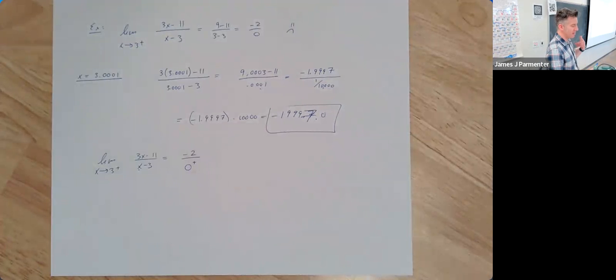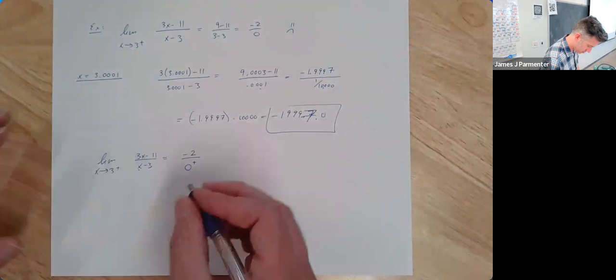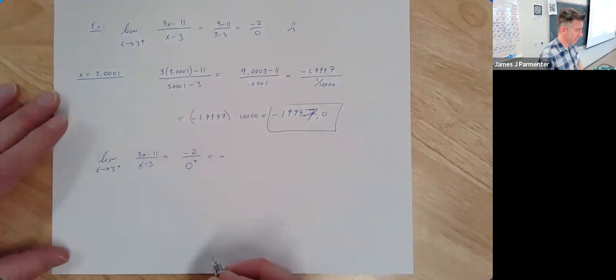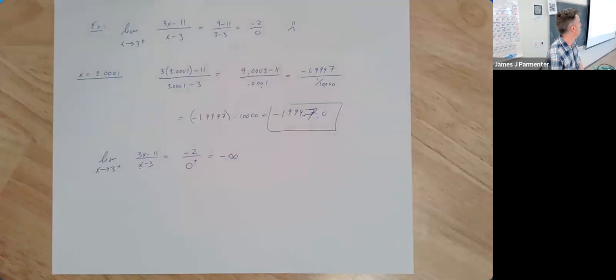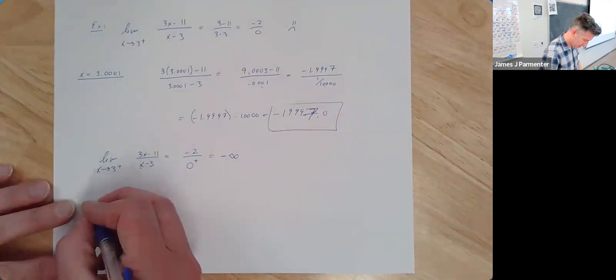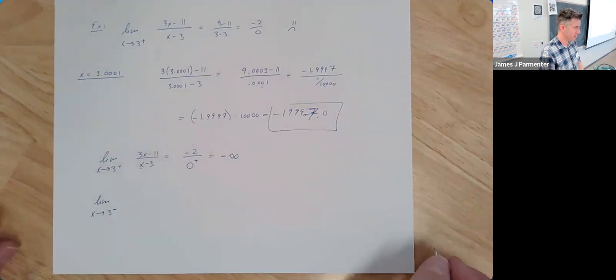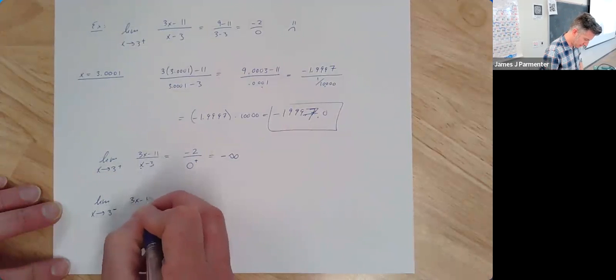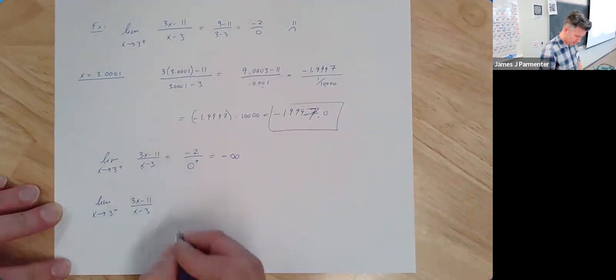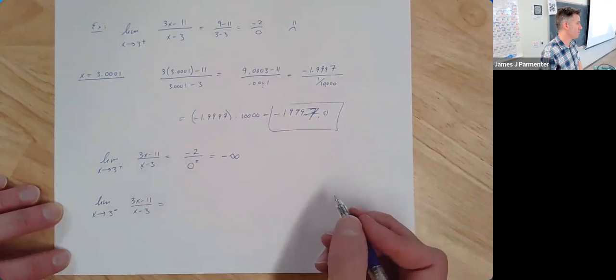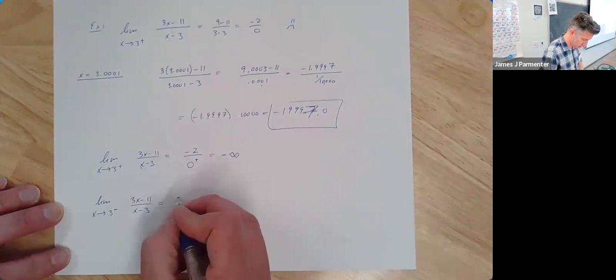And now look at this. We have a negative number divided by a positive number, and a negative divided by a positive is negative. Negative, large. And in my mind, that's really all the work you have to show for a limit like this. On the other side, if we approach 3 from the left-hand side of 3x minus 11 over x minus 3, the top is still getting relatively close to negative 2.